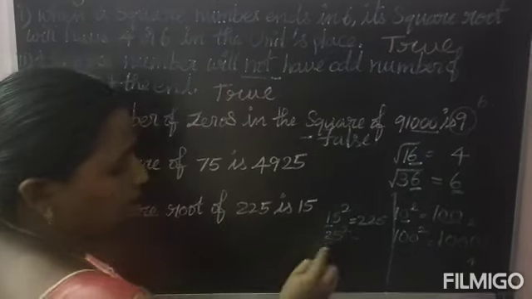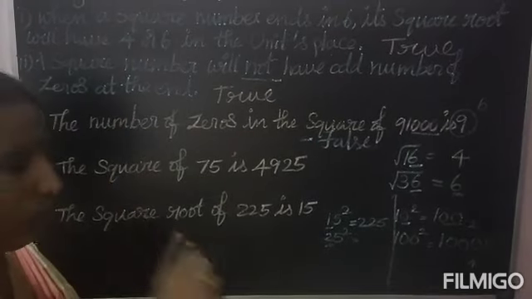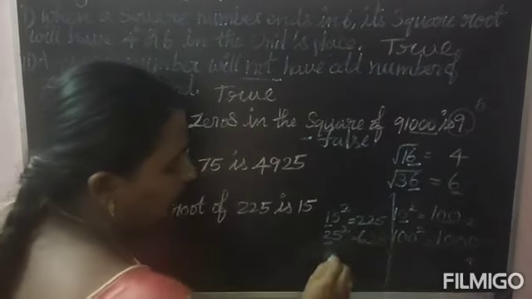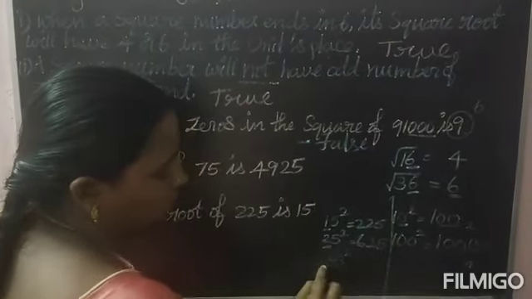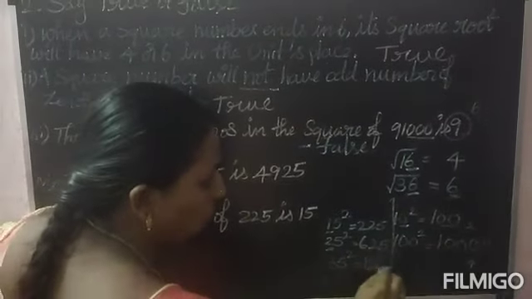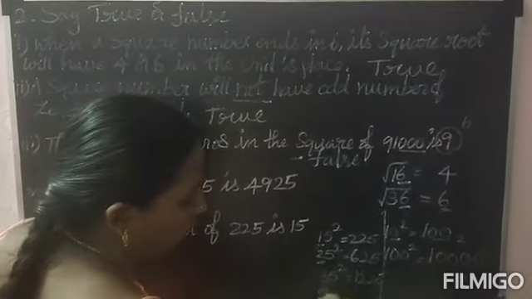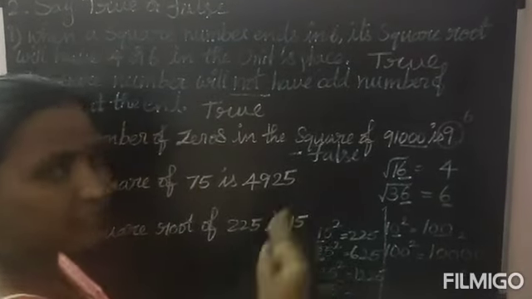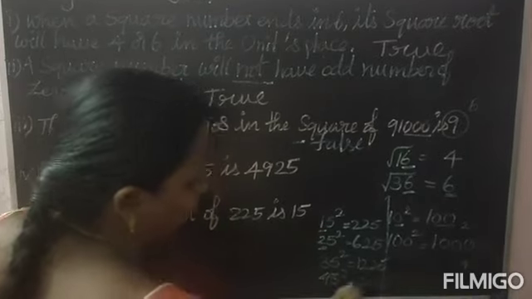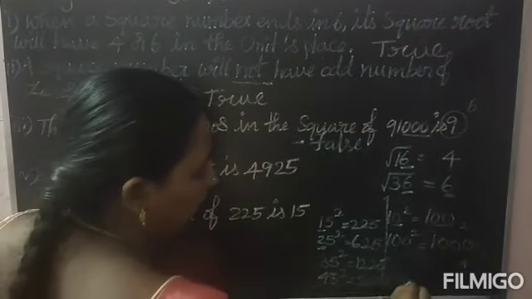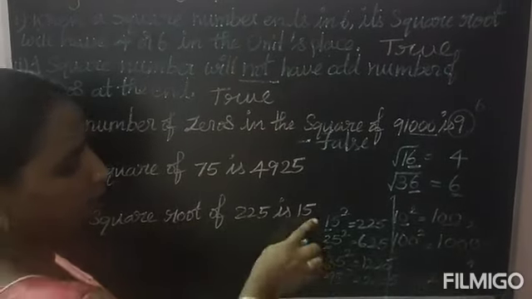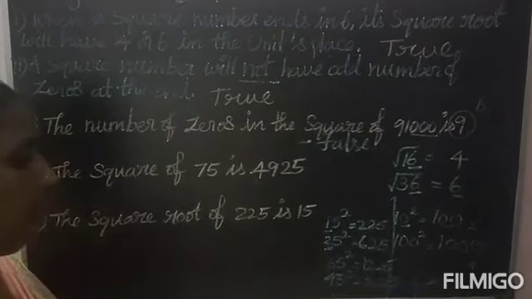So here you have 2. 2 next number what? 3. 2 3s are 6. 5 square is 25. Next, 35 square. So 3 next number 4. 3 4s are 12. 5 square is 25. So 45 square also. 4 next number 5. 4 5s are 20. 5 square is 25. So like that you may find up to 95 square. You can use this from 15 square to 95 square.